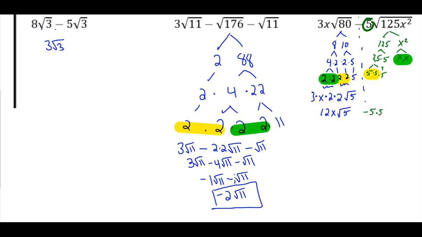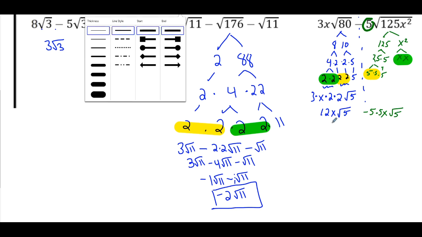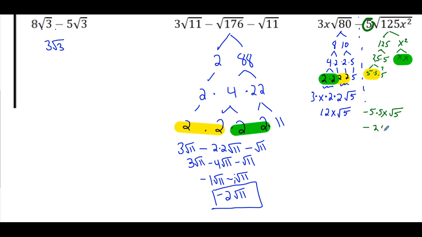I've got that x that's going to come out here. So I've got x, and then I've got that square root of 5 that got left behind. So now I can go ahead and do that multiplication. 5 times 5 is 25x root 5, but I've got this 12x root 5 that I need to subtract.